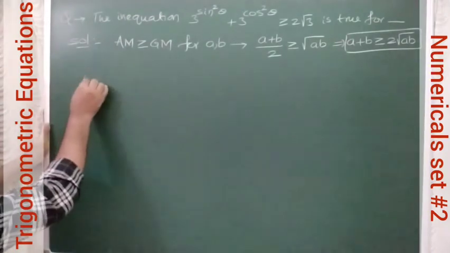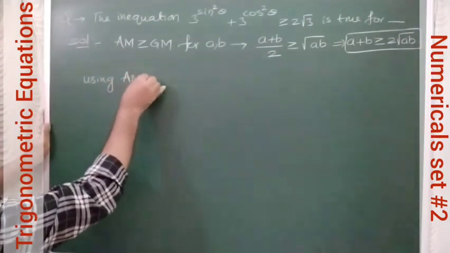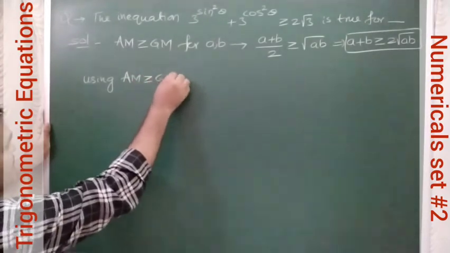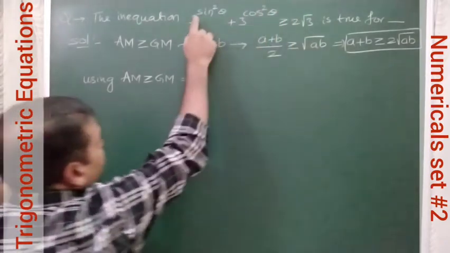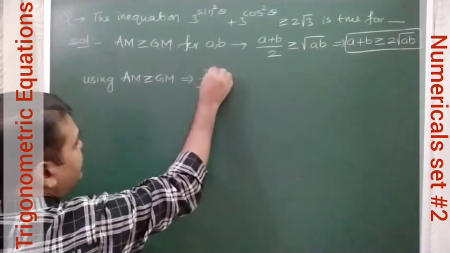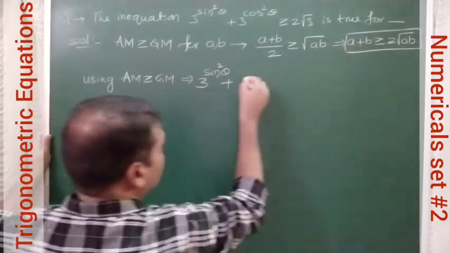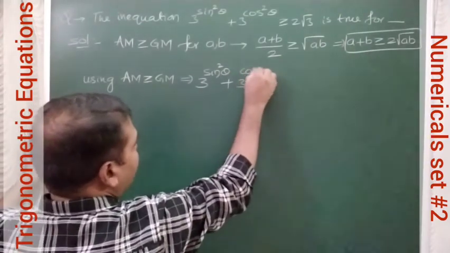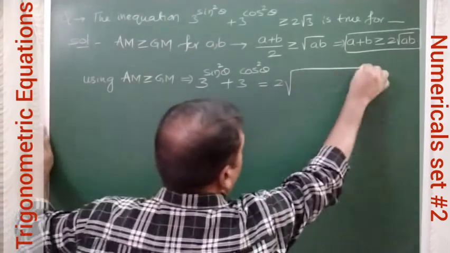So using the AM greater than or equal to GM condition, in place of a, 3 power sine square theta, and in place of b, 3 power cos square theta, we get a plus b greater than or equal to 2 root ab.